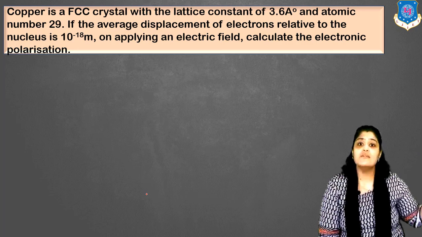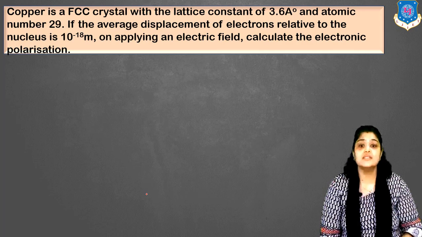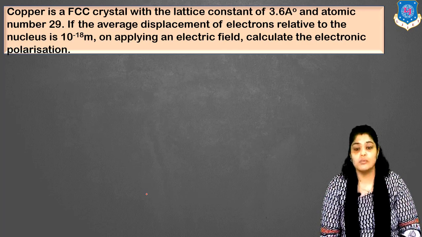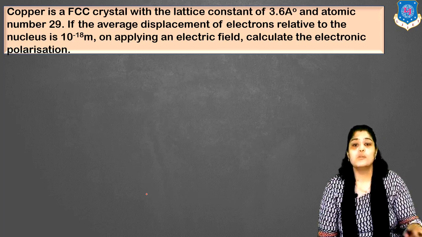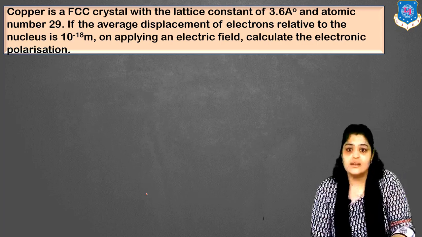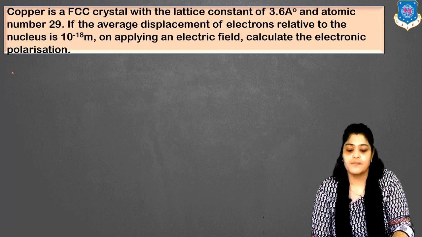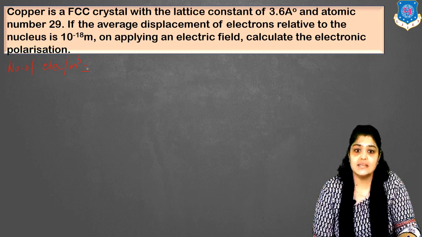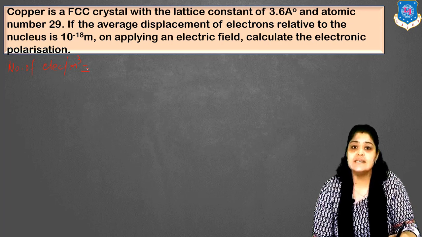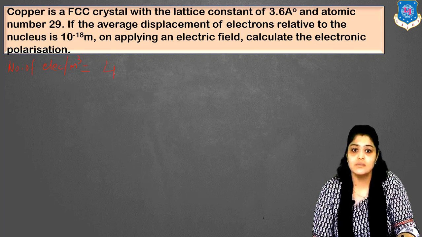So according to the given data, we have to find out first the number of atoms per meter cube. If we find out the number of atoms n, our question would be easier. So let's start. You have to find out the number of electrons per meter cube. This can be determined as the number of atoms per unit cell. Because it is an FCC crystal, per unit cell you have 4 atoms.